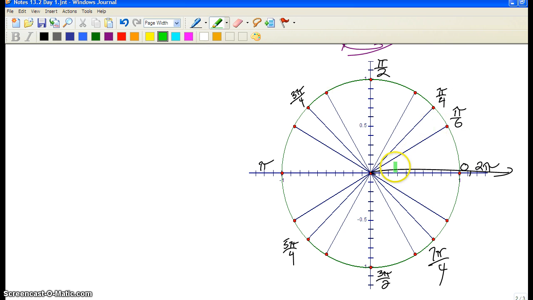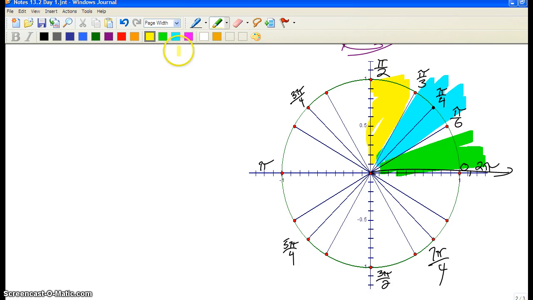Okay? That's 1/6. That's 2/6, which is pi over 3 reduced. That is 3/6. Does that reduce to 1/2 pi? That's important that that happens. 3/6. This is then 4/6, which is 2 pi over 3.